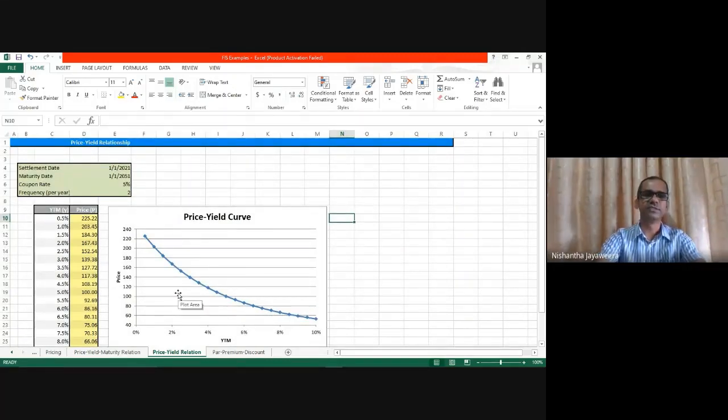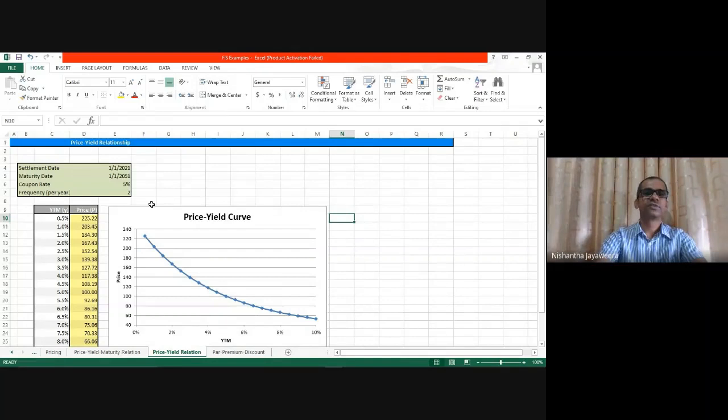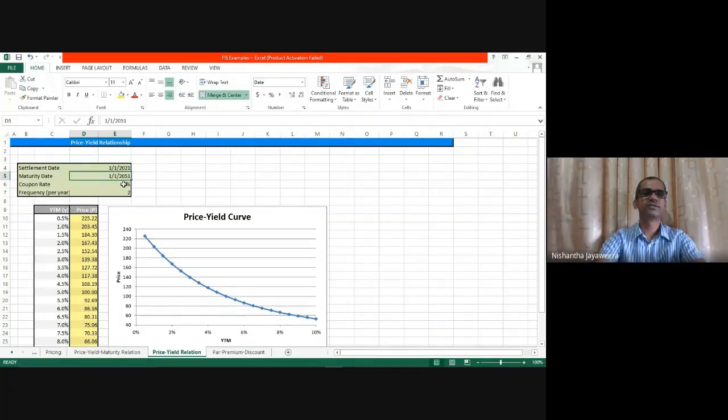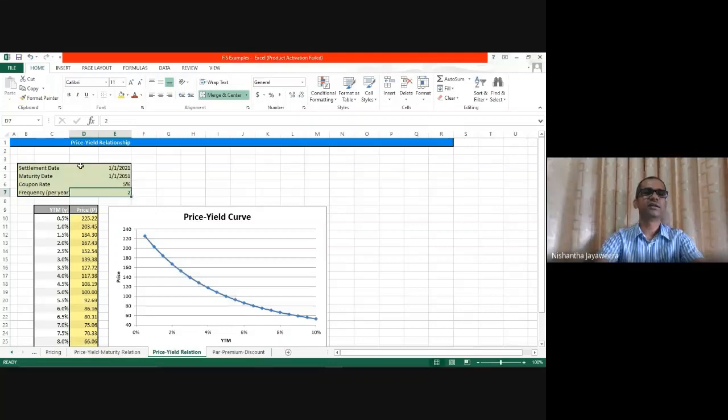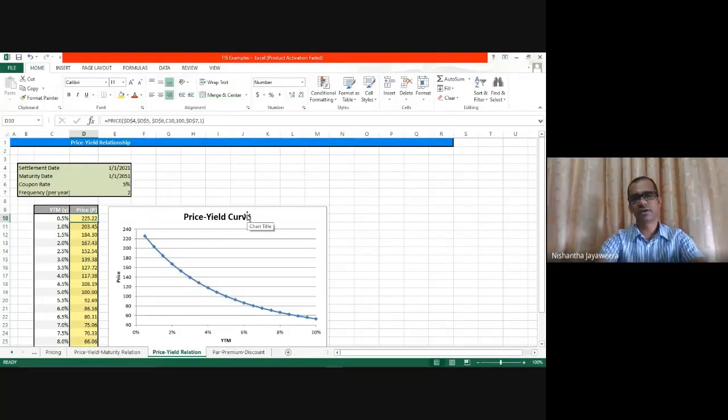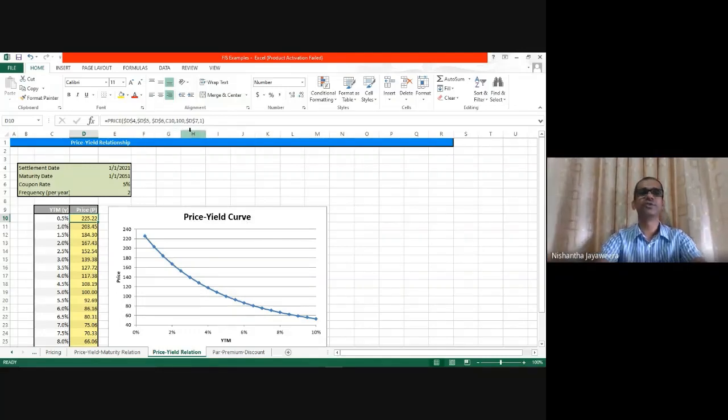We'll do first this one with a single bond. So the settlement date, maturity date, coupon, frequency, and I have assumed the face value 100. So then I don't want to do any adjustment. I just put 100 here.